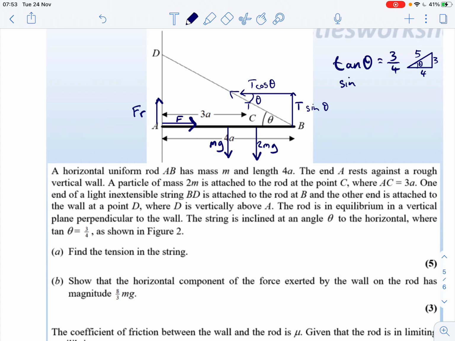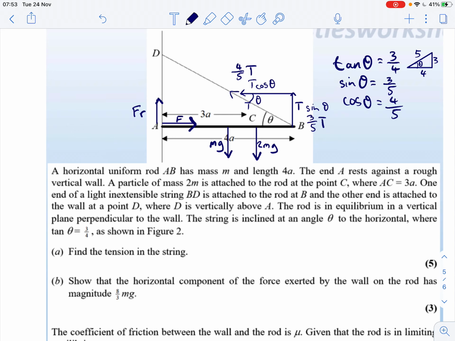So sin theta is going to be 3/5, and cos theta will be 4/5. Okay, so I do actually have these values. In fact, we can write them in now. T cos theta will be 4/5 T, and T sin theta will be 3/5 T.